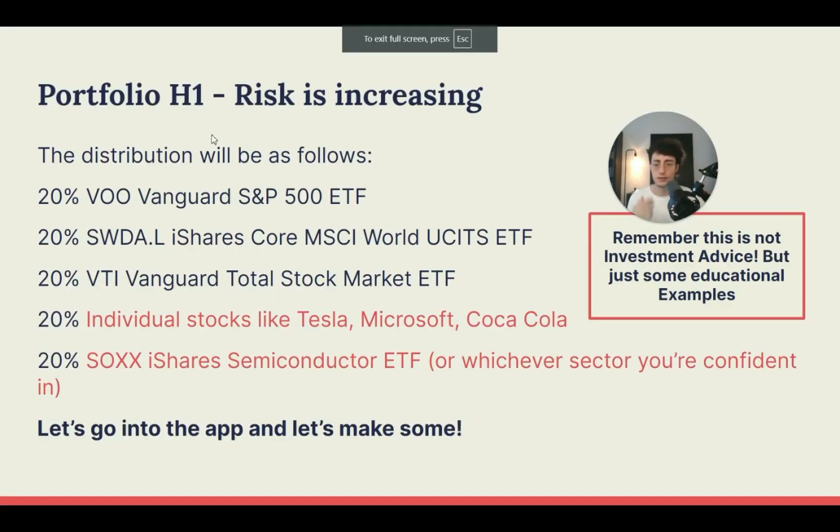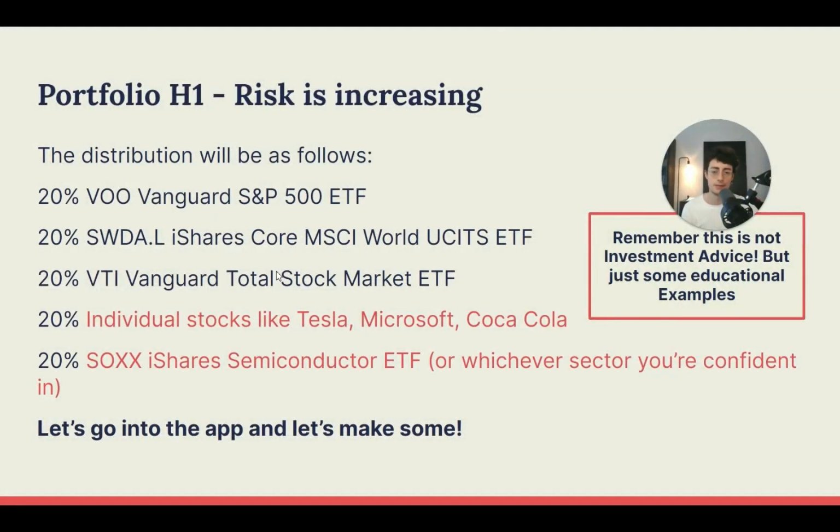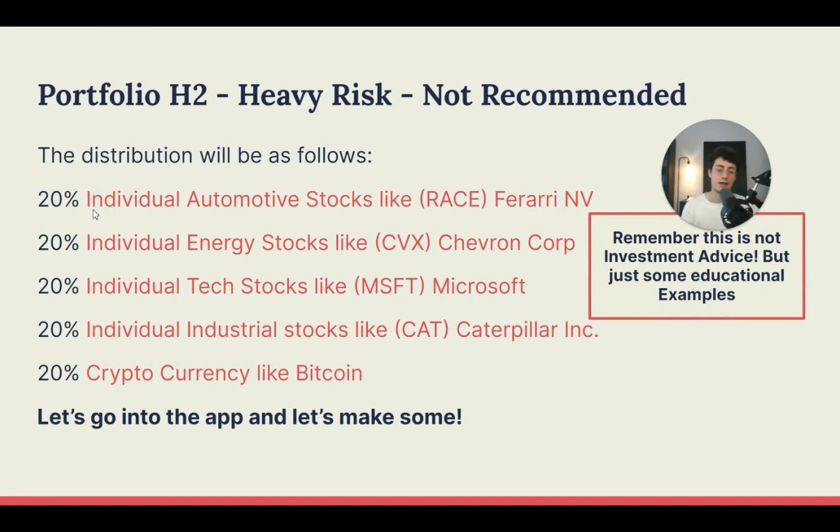Now, if we were to continue down this line of increasing the risk in portfolio H2, then this is a very heavy risk scenario, really not recommended at all, where we go away from the indices and ETFs entirely and we go full crazy on having an entire portfolio that is basically individual stocks, like automotive stocks like Ferrari, or energy stocks like Chevron, tech stocks like Microsoft, industrial stocks like Caterpillar Inc. that make tractors and construction machines, things that lift dirt and you use in construction.